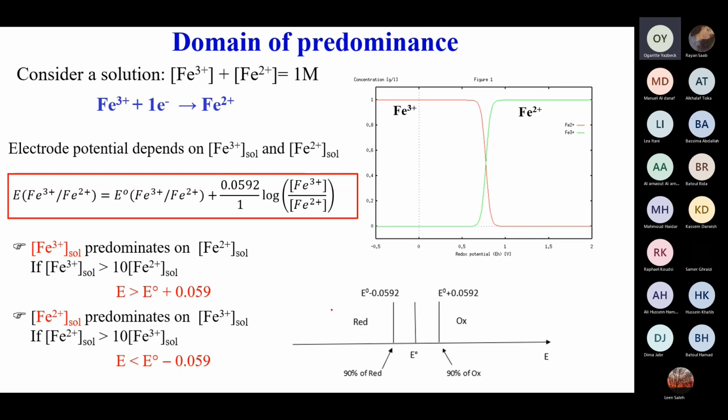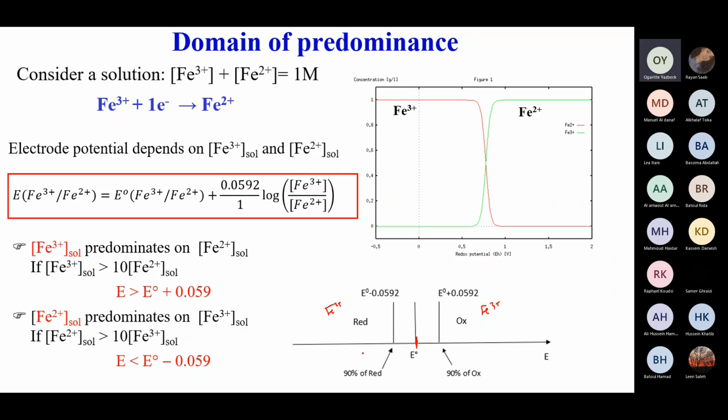Always build the diagram with the reduced form, then the oxidized. Reduced is Fe2+, oxidized is Fe3+. So the diagram is in the opposite direction, and I'll get back to you on this. The take-home message, always: when the oxidized form equals the reduced form, that's when E equals E naught.